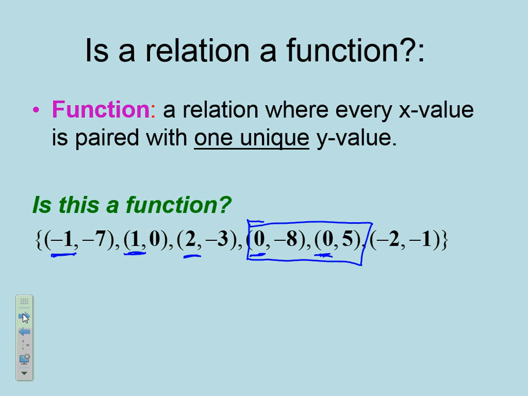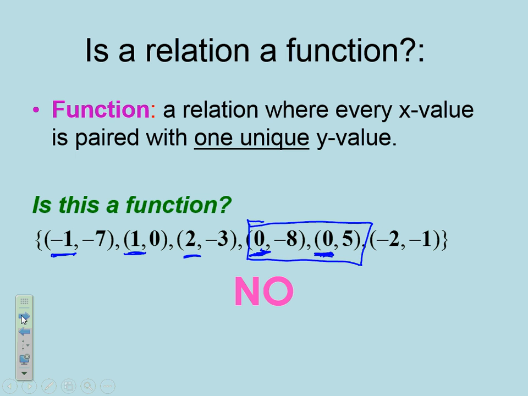Our x values were the same. Okay? We can't have two of the same x values. When that happens, it is not a function. Okay? So this one is no, it's not a function because we have two x values that go to different y's. Okay? That's very important. So this is not a function.